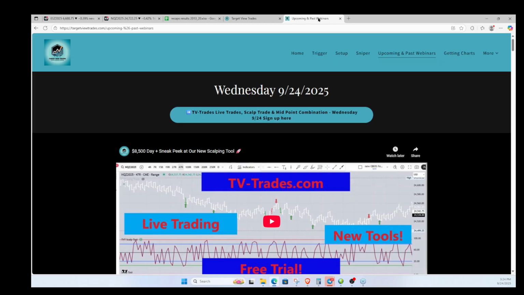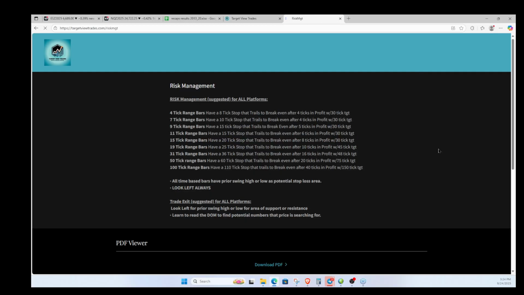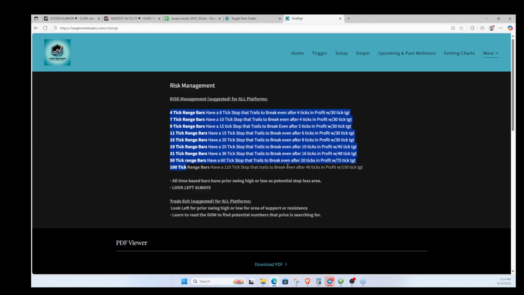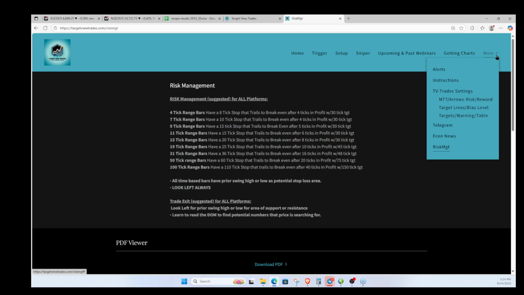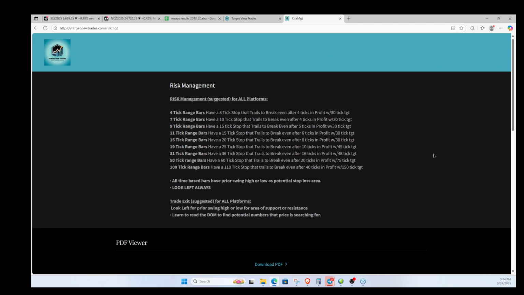And that information is right here. If you go to targetviewtrades.com, go under More and go to Risk Management. It's all right here: the different range bars that I use, how big the stop is, when I move it to break even. All that stuff is right here for you, Sharon. I'll show you that again. This is targetviewtrades.com. Just go to More and click on Risk Management.